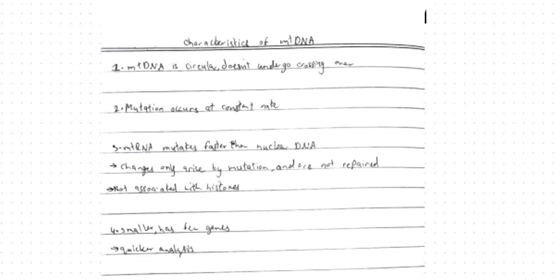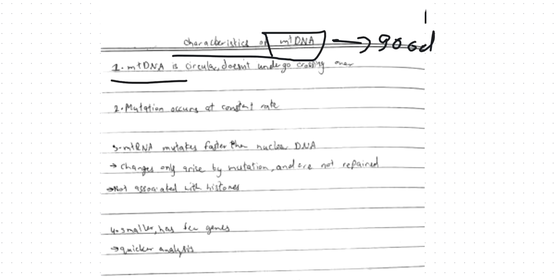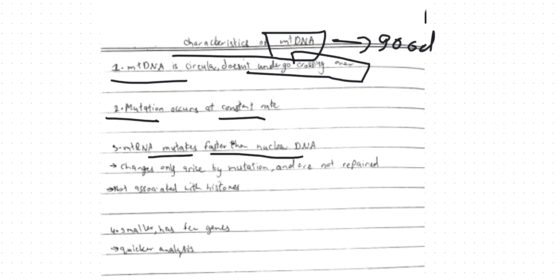Why is mitochondrial DNA good for comparing species? This is because mitochondrial DNA is circular. This means that it doesn't undergo crossing over. The mutations in mtDNA are constant, and mtDNA mutates faster than normal nuclear DNA, and changes only arise by mutation and are not repaired.